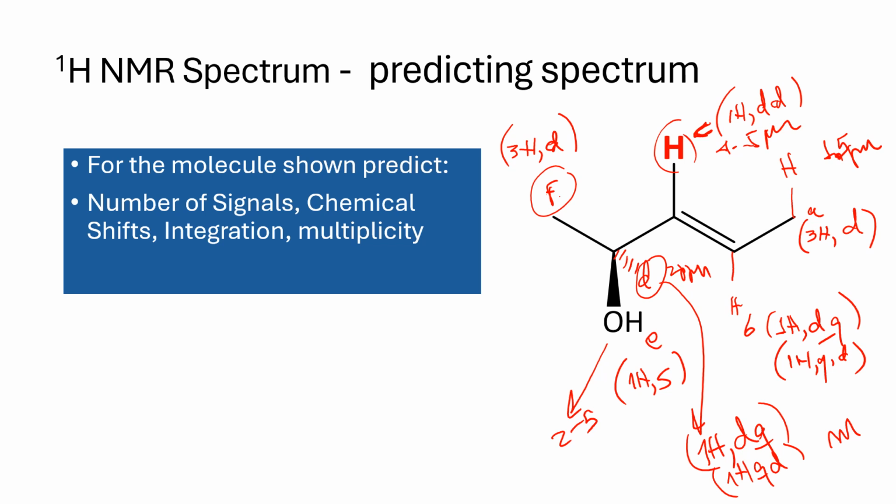But what I have drawn here, the number of H's, remember, is related to the integration. So the number of H's that give that signal. Chemical shift, number of signals. Remember when hydrogens can be diastereotopic. Notice that here in F, we don't have diastereotopic H's, because here you have 3, and if you have 1 replaced by deuterium, you're not creating a chiral center.